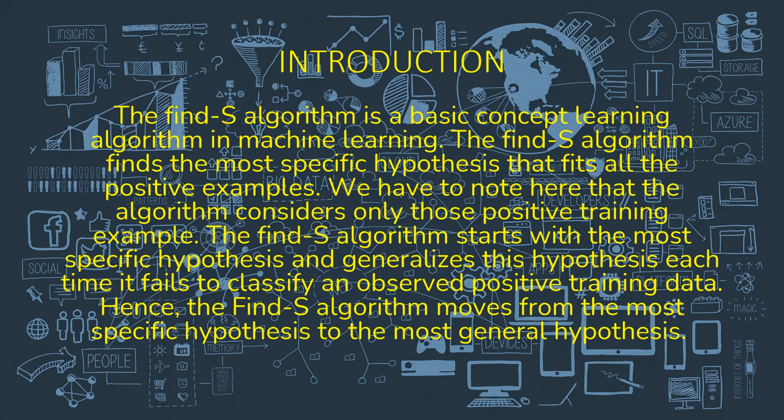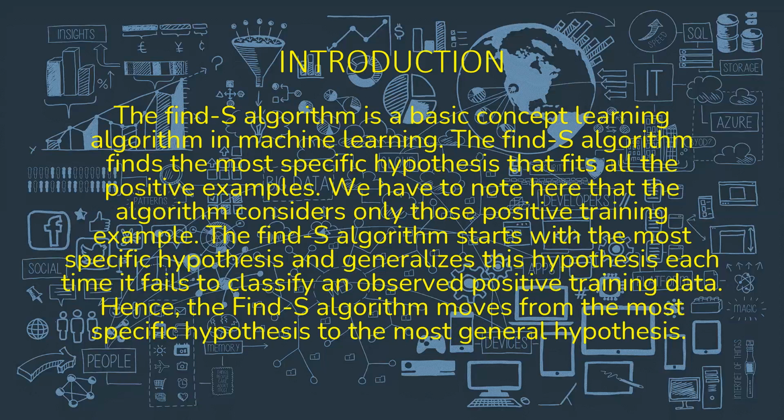The Find-S algorithm starts with the most specific hypothesis and generalizes this hypothesis each time it fails to classify an observed positive training data. It has a specific conclusion, and later it generalizes this hypothesis each time it fails to classify observed positive training data.